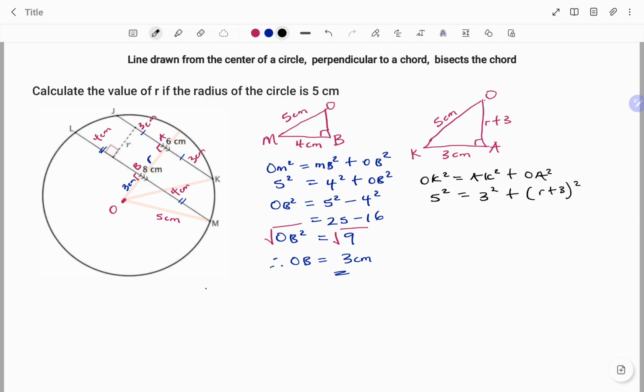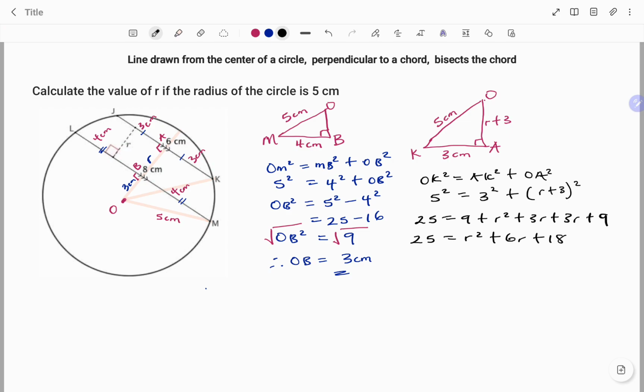Expanding the bracket and collecting like terms, I have 25 equals 9 plus R squared plus 3R plus 3R plus 9. Collecting like terms, I have 25 equals R squared plus 6R plus 18.